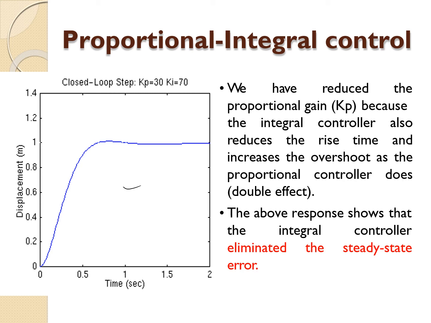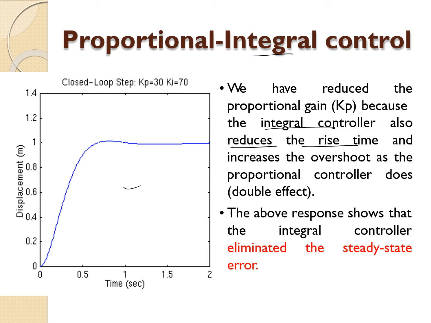So from the previous response, right, we have an overshoot. By installing this integral controller, we also have a higher rise time based on the response for the proportional controller just now, right? So by installing this integral controller, the rise time will be reduced.